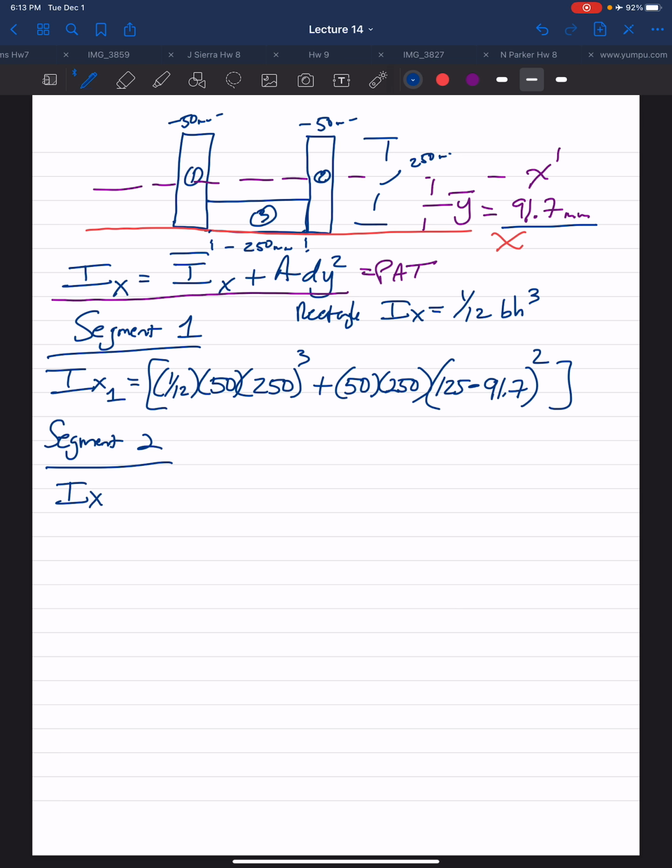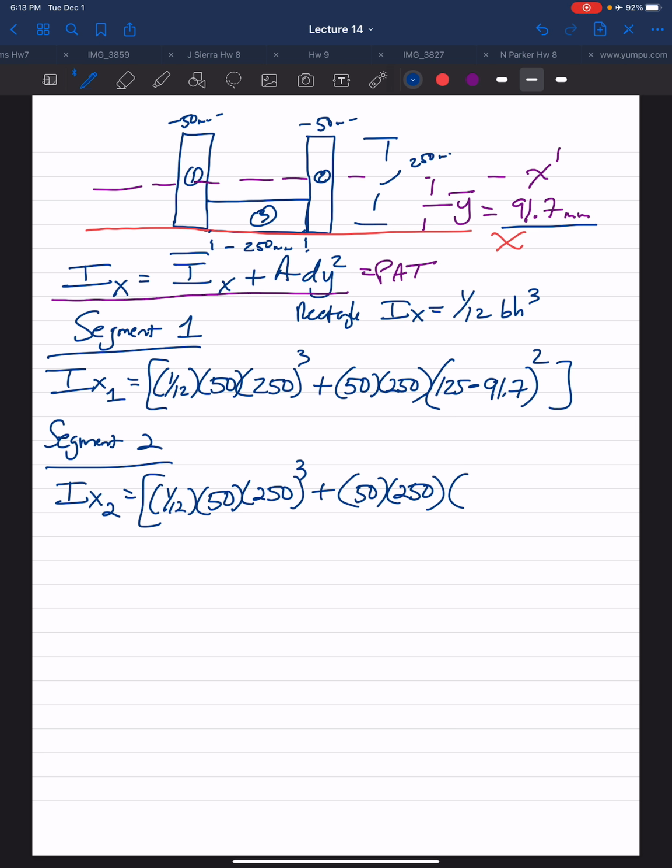All right, so then let's work segment 2. We'll say I sub x2. Once again, for a rectangle, it's 1/12, the base, 50 millimeters, times the height cubed, height being 250, plus the area, 50 millimeters times the height, 250, times the dy squared.